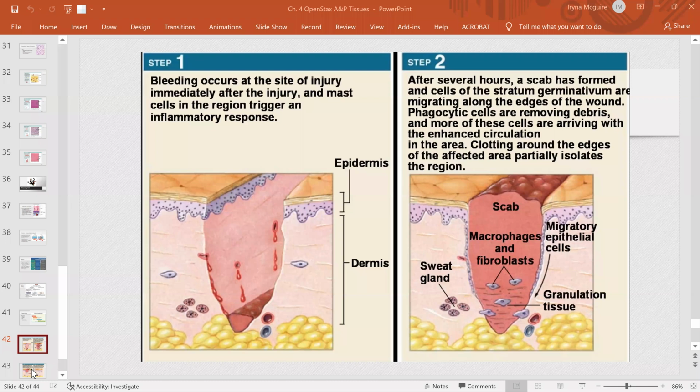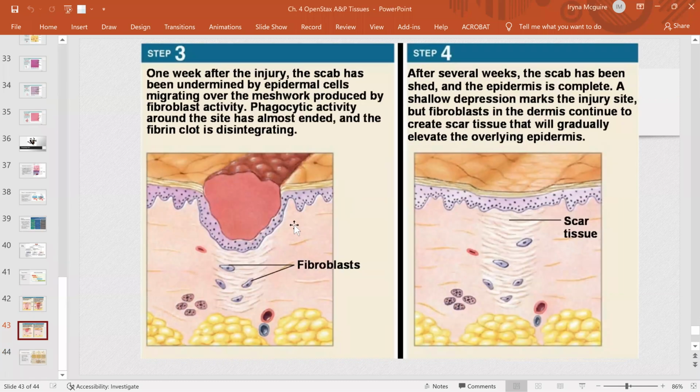Next, after about a week, we can see that those fibroblasts are depositing lots of collagen over here. And that's what our scar tissue is, because you can see the alignment of these fibers is not exactly the same as it was before. So they're more randomly arranged.